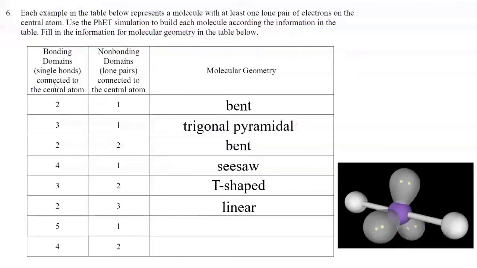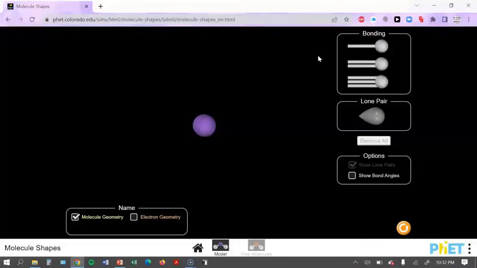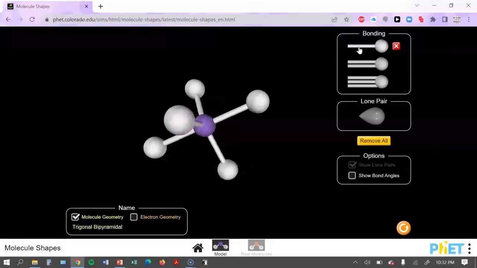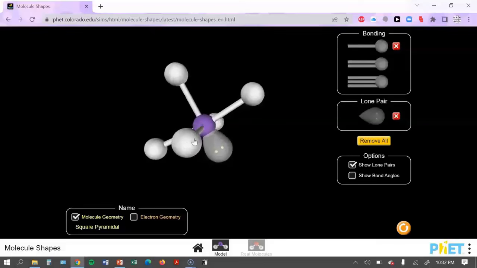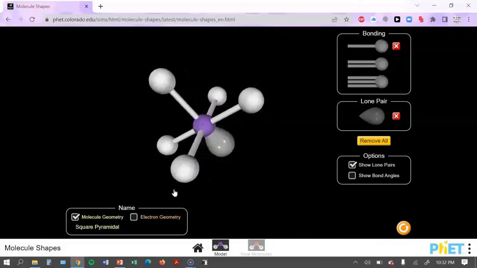Next example, 5 bonding domains and 1 non-bonding domain. Okay, let's add 5 bonds, 1, 2, 3, 4, 5, and 1 lone pair. And the name of this particular shape is square pyramidal.